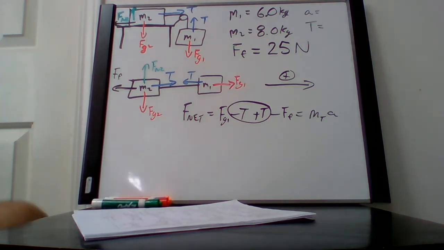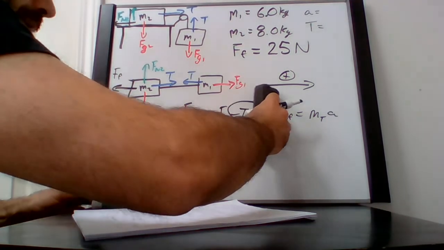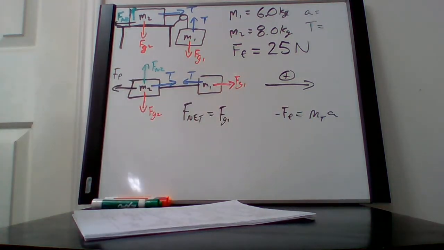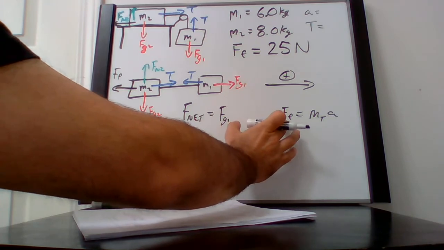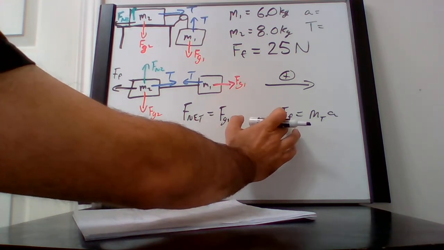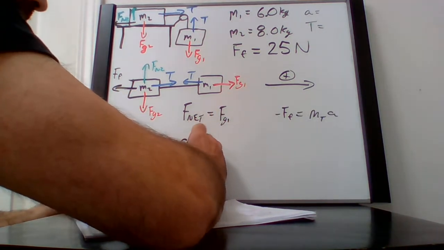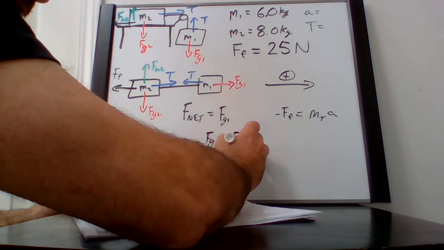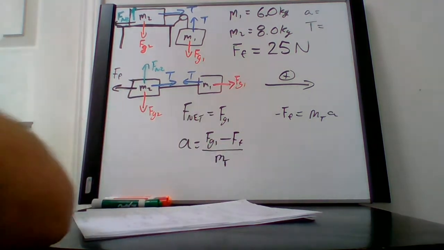So when we solve for acceleration, this tension part disappears. My Fg1 minus my force of friction, so the force of gravity on that first block minus the force of friction, equals the total mass times acceleration. So acceleration is then Fg1 minus force of friction divided by the total mass.